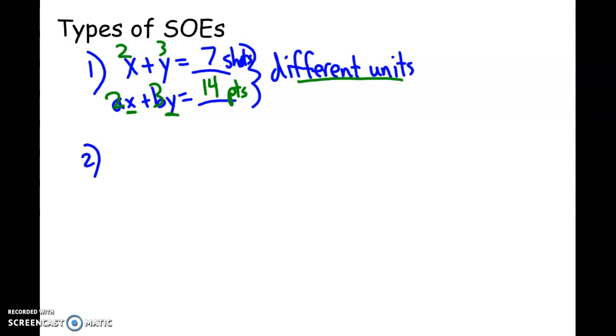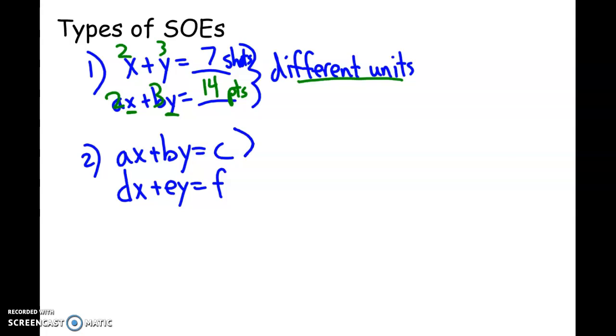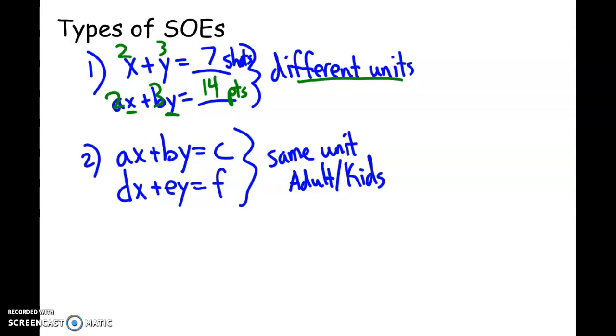The second type of system of equations you're going to get looks like this. ax plus by equals c, and then you'll have dx plus ey equals f. And this is the same unit. Where we tend to see this one pop up a lot is if you go to a game, a concert, a play or something like that, and you have adult tickets versus kid tickets, and how they cost a different amount of money.